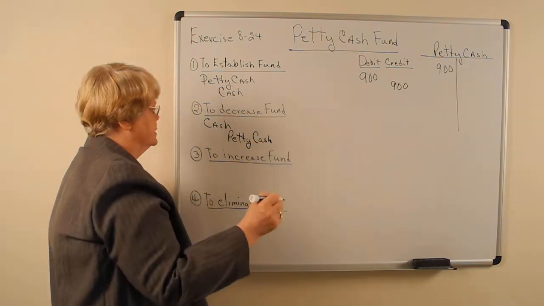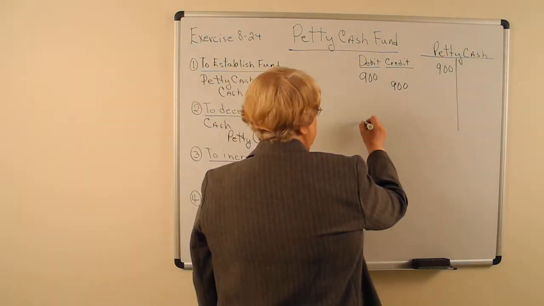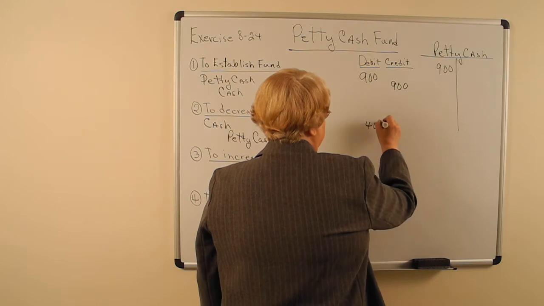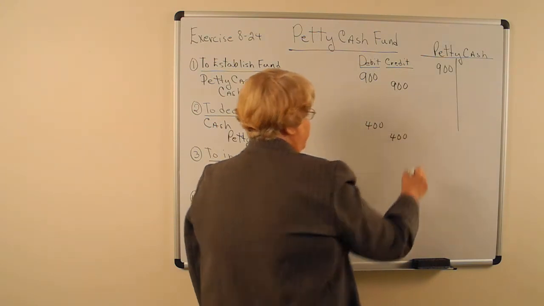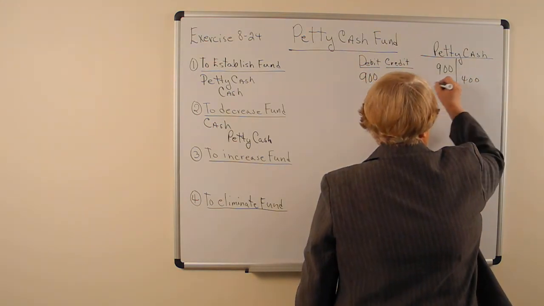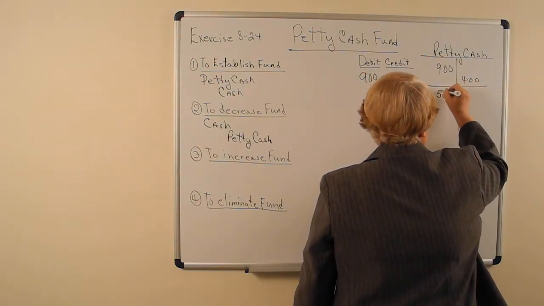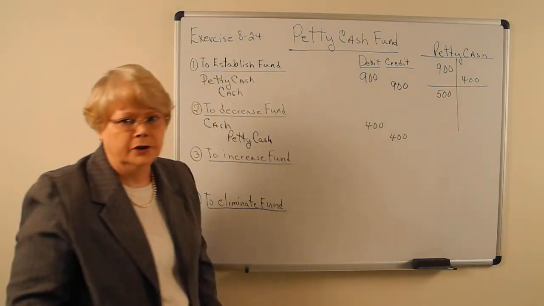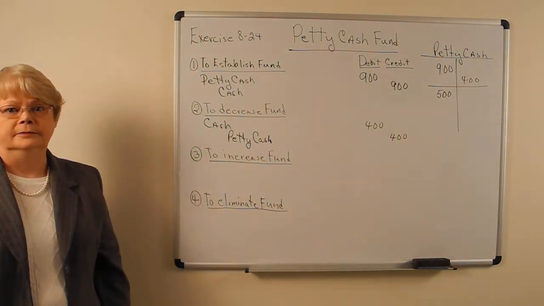Okay, and we said $400 would be the decrease, bringing it down to $500. When that entry is posted, that would be a credit to petty cash, bringing our balance down to $500. Okay, so that's the entry you would have to decrease the fund.